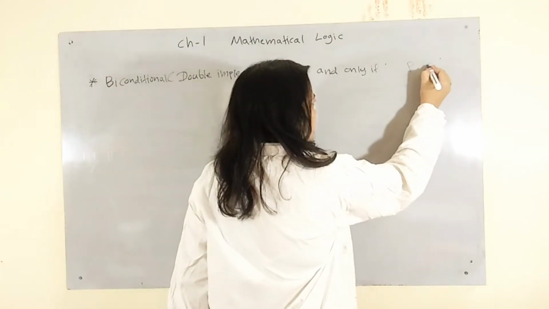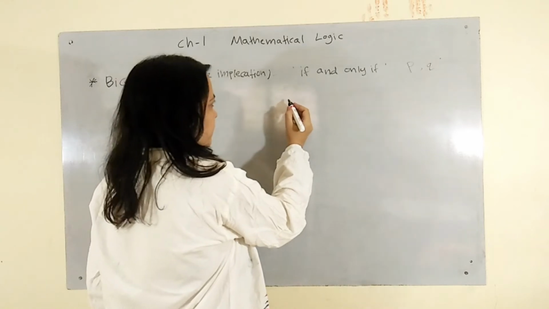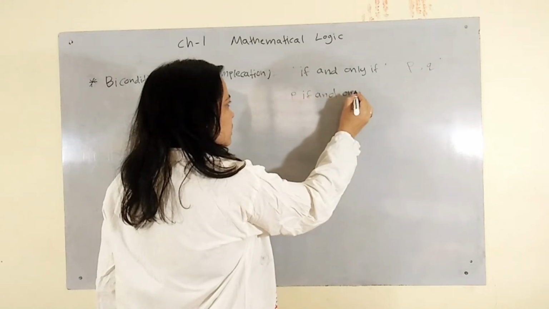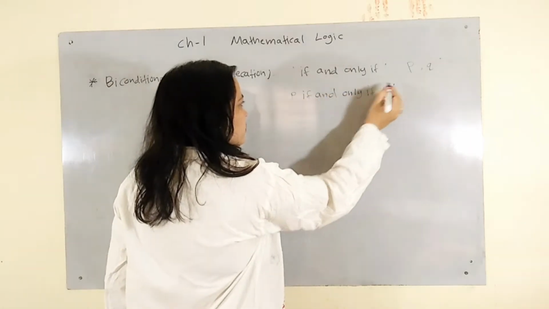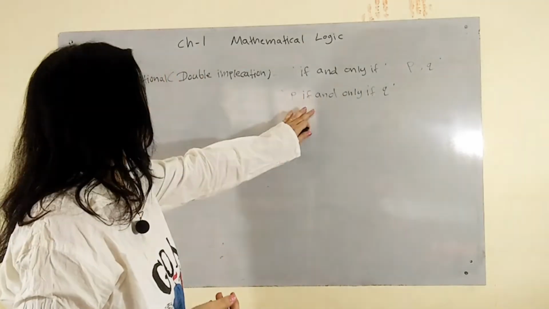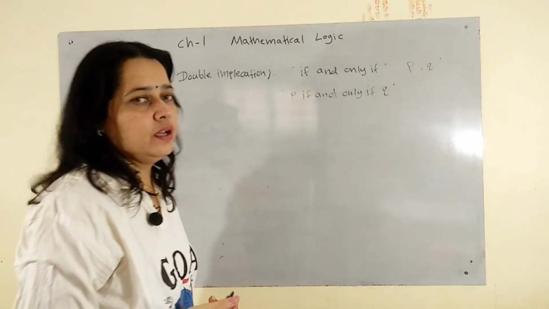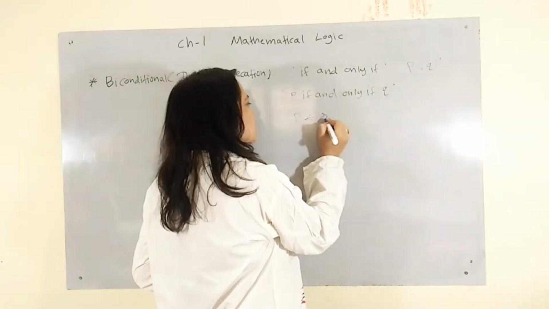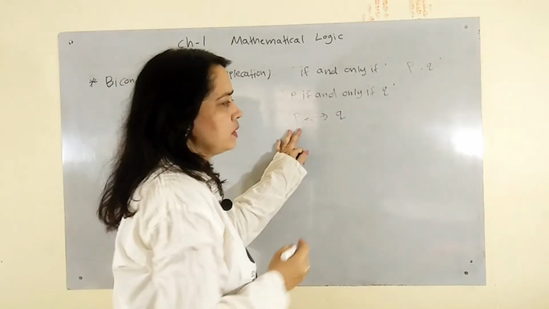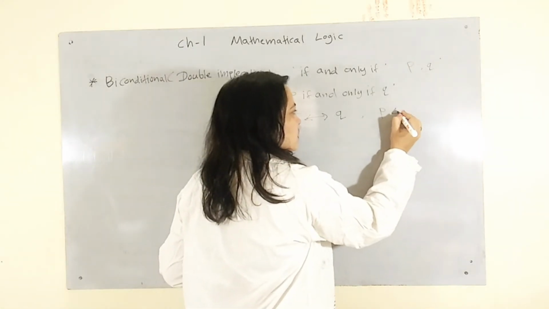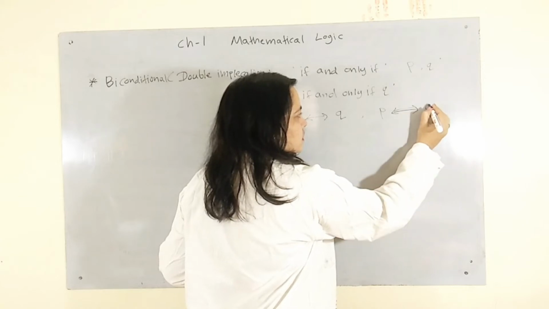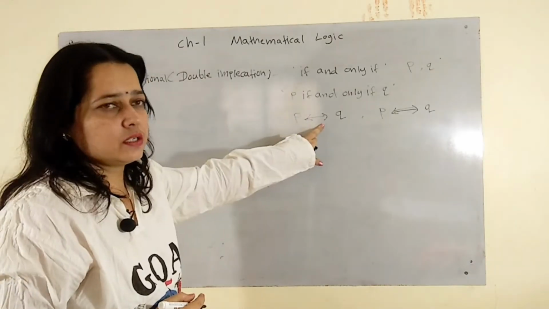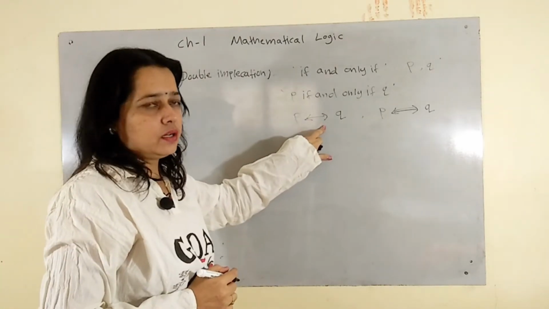Suppose P and Q are two statements connected by P if and only if Q, then it is known as biconditional or double implication, and it is denoted by P double implication Q, and it is read as P double implication Q or P biconditional Q.